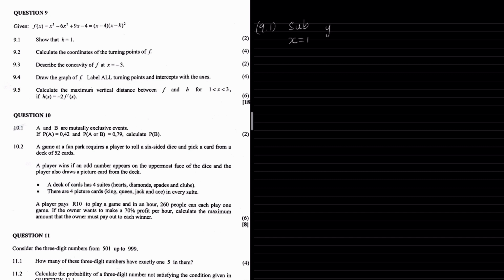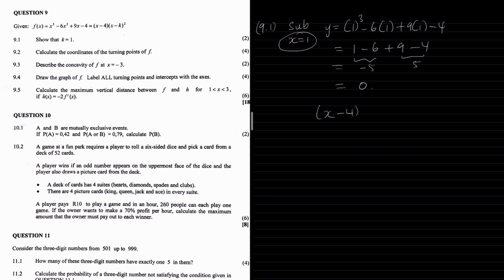That means y is equal to 1 cubed minus 6 times 1 plus 9 times 1 minus 4. 1 minus 6 plus 9 minus 4. That's going to give you minus 5, plus 5, and that's 0. So since the output is 0, it means that 1 is a factor. And since we have the equation already written with x minus 4, it means that k must be 1.